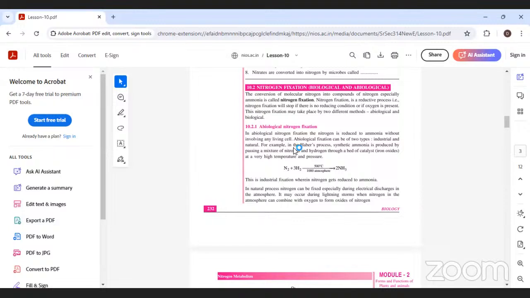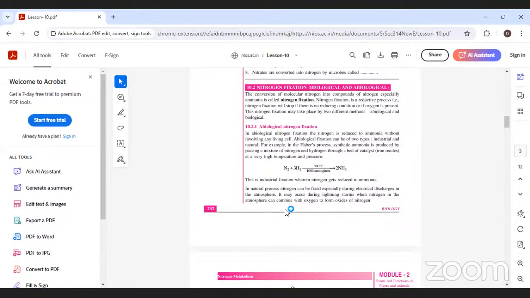In abiological nitrogen fixation, the nitrogen is reduced to ammonia without involving any living cell.